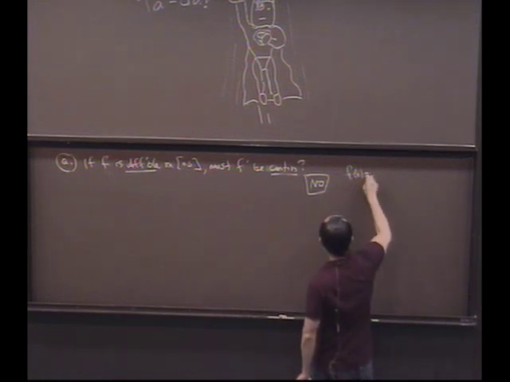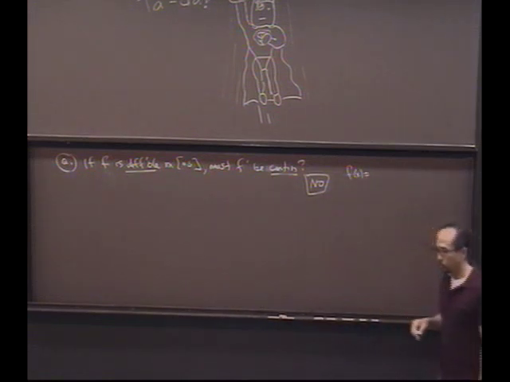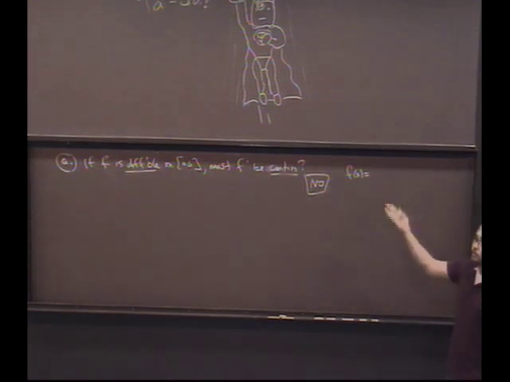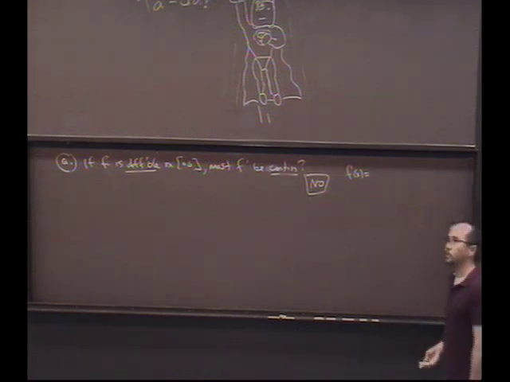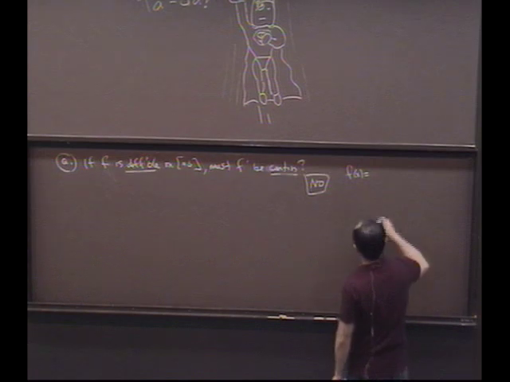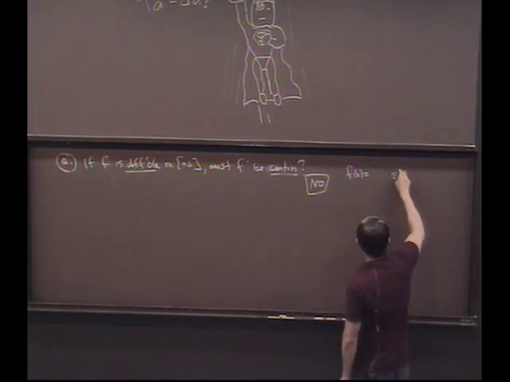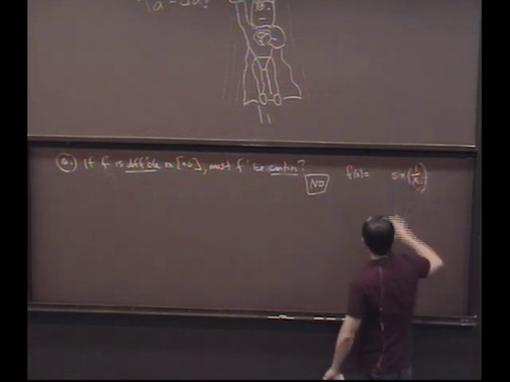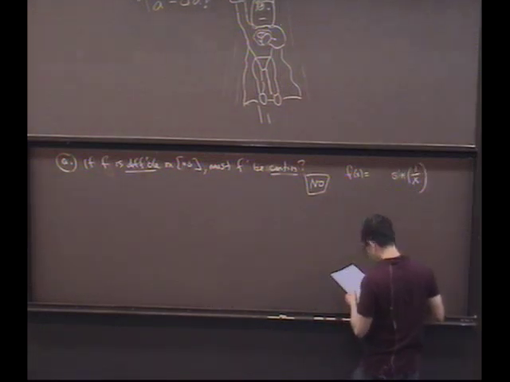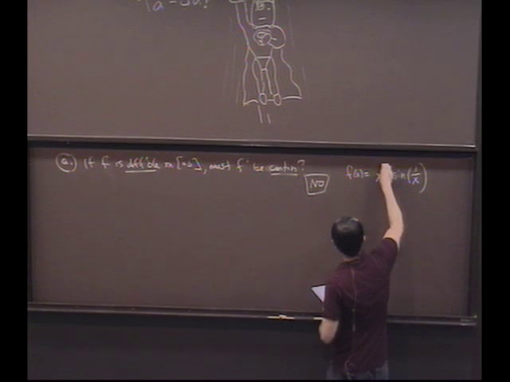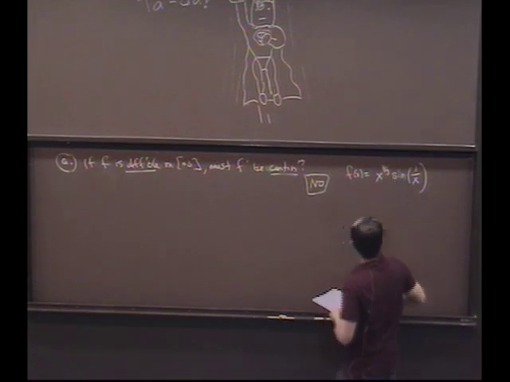Consider the following function. Well, what's the source of many good examples in analysis? How about the topologist sine curve? But let's multiply it by a function that makes it have a different amplitude besides 1.